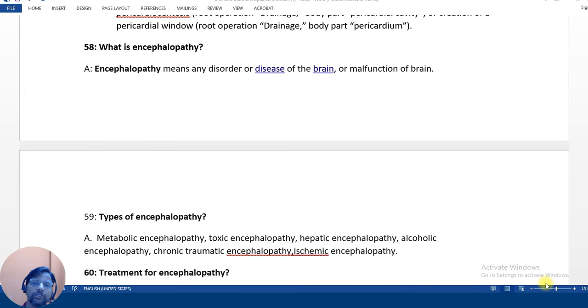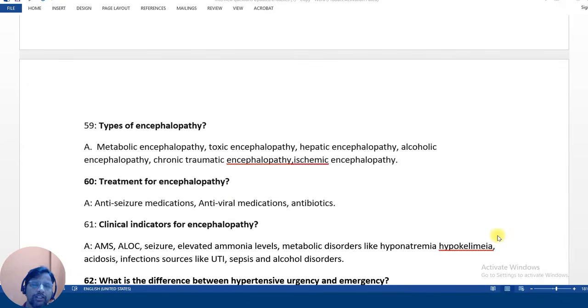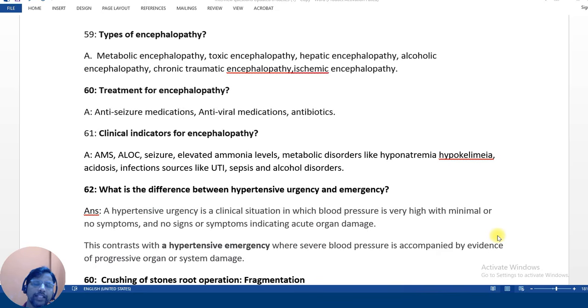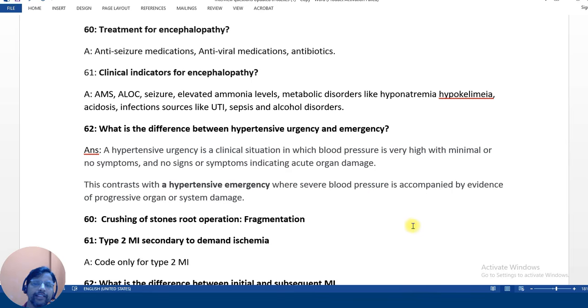What is encephalopathy? Here also pathy means disease, encephalo means brain. So it is a disorder or disease related to the brain or malfunction of the brain. What are the types of encephalopathy? We have various types like metabolic encephalopathy, toxic encephalopathy, hepatic encephalopathy, alcoholic encephalopathy, etc. Next, treatment of encephalopathy: anti-seizure medications as well as antiviral medications and antibiotics.